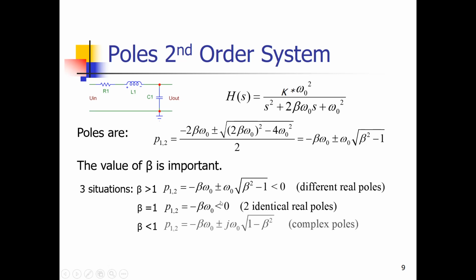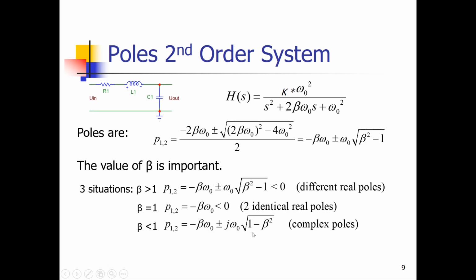So then I get two poles with the real part equal to minus beta times omega 0, plus or minus omega 0 times j, because this will become negative. So I get j squared over here, and the square root of j squared is j times the square root of 1 minus beta squared. So in that case, I have two complex poles with the same real value and two opposite imaginary values.